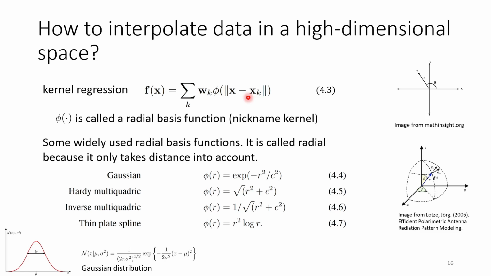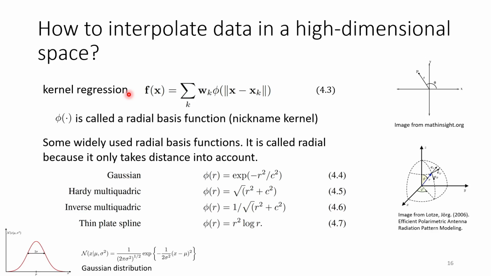So it will generate a result something like a linear combination. And here, what is the meaning of the radial basis function? And why is it called kernel regression? Because a radial basis function's nickname is kernel. Therefore, such a regression using radial basis functions is called kernel regression.